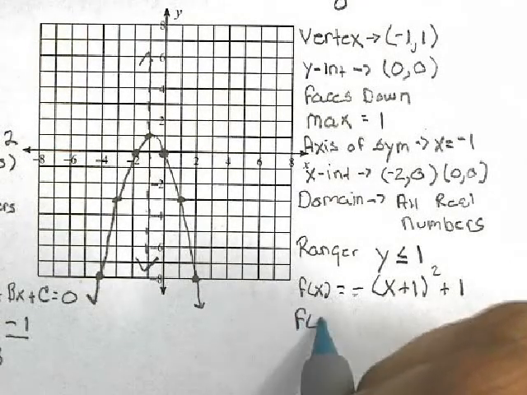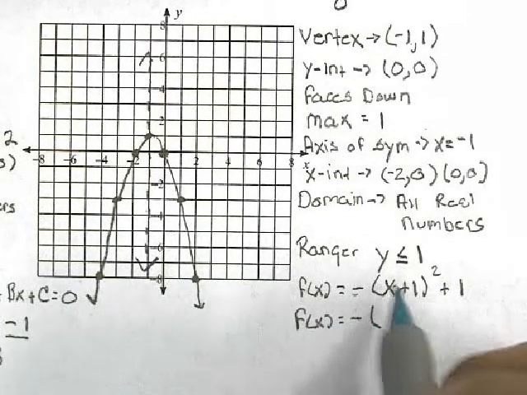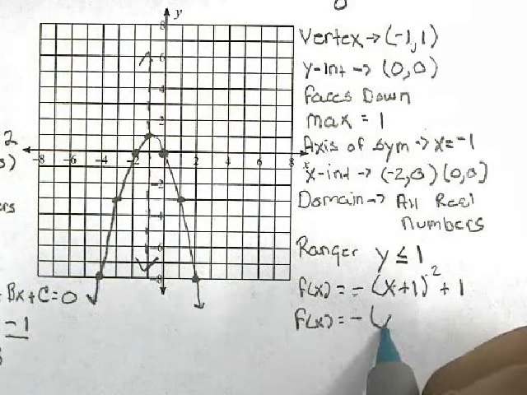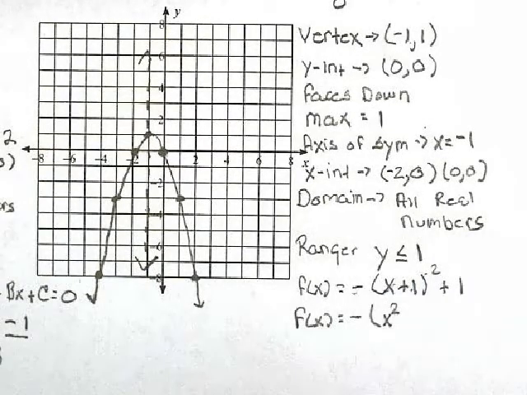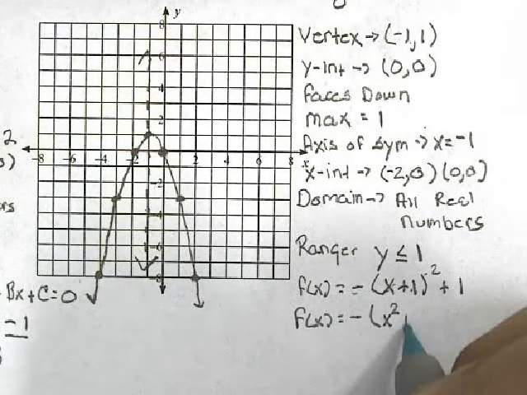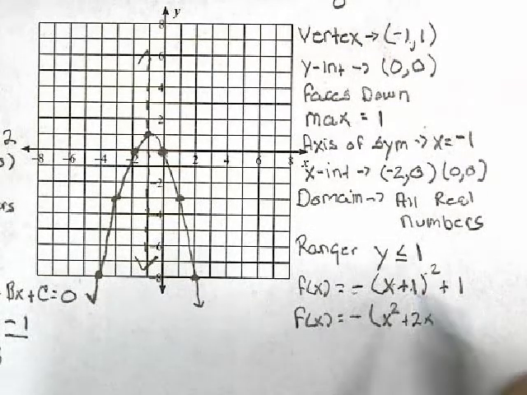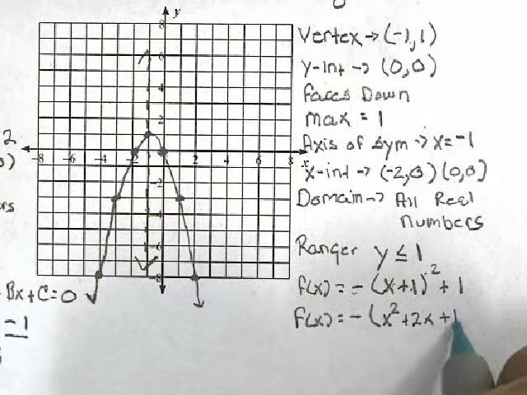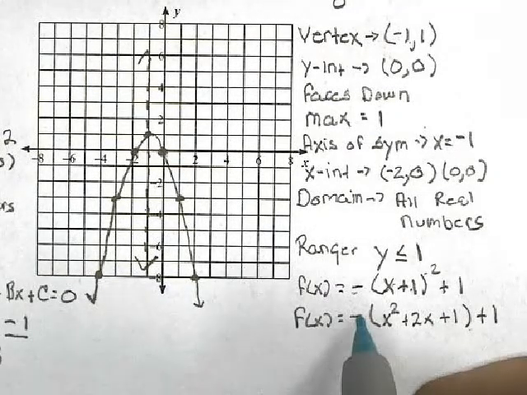So we have f of x is equal to negative, do everything in the parentheses first, square the x: x squared. Multiply these two. 1 times x is just 1x. Double it. 2 times 1 is 2. So it's plus 2x. Square the 1. 1 squared is just 1. Close the parentheses, plus 1.